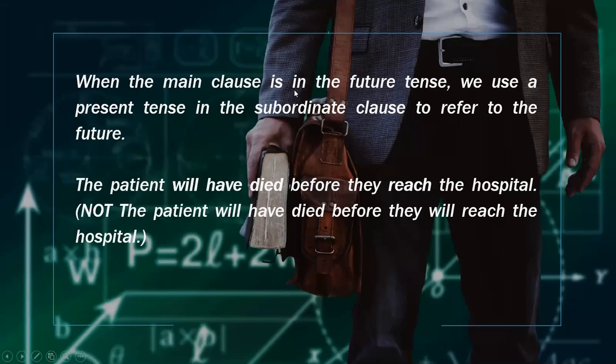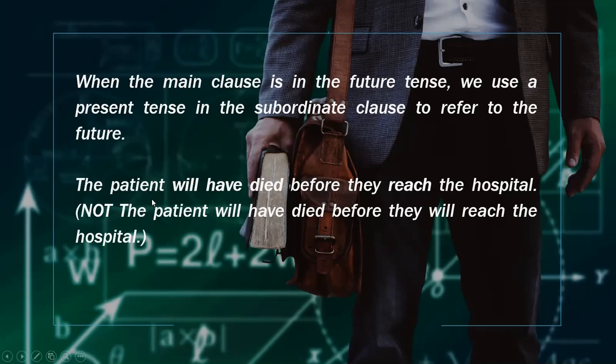Example: the patient will have died before they reach the hospital. Even though we are talking about something in the future, you don't say "they will reach the hospital". Not will here, but reach, present tense.